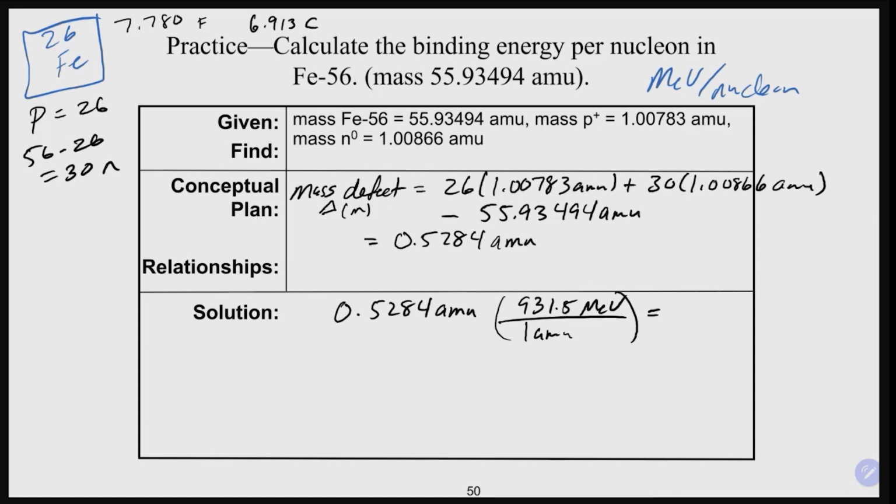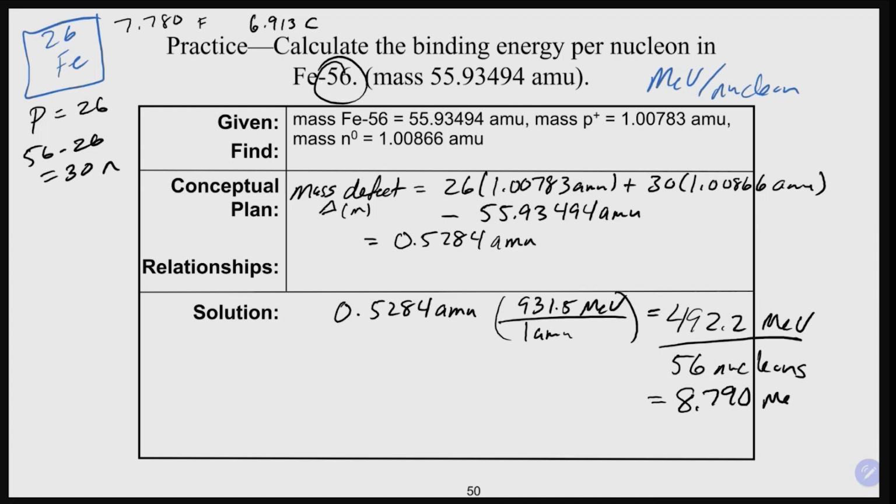So we will multiply that by 931.5, which gives us 492.2. We're going to divide it by the nucleon, which in this case is really the mass number, 56 nucleons. That gives us a binding energy of 8.790 mega electron volts per nucleon.